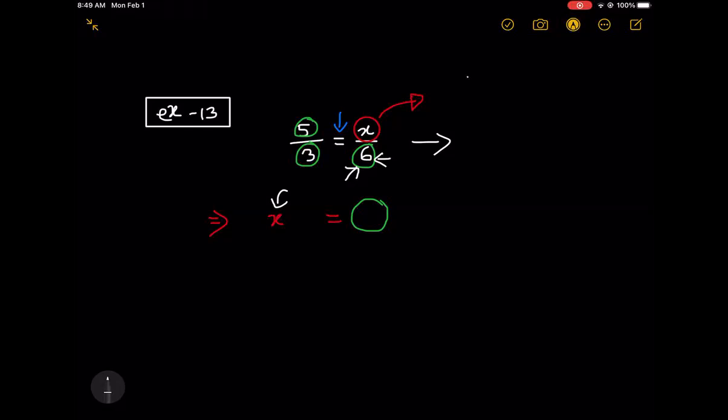Now let's go to the basics of changing sides. If you have anything like this, or even this, I'll show both. Changing sides means the value will have the reciprocal on the other side.